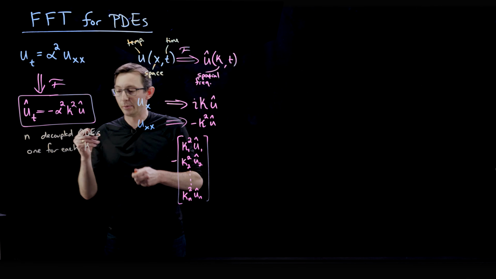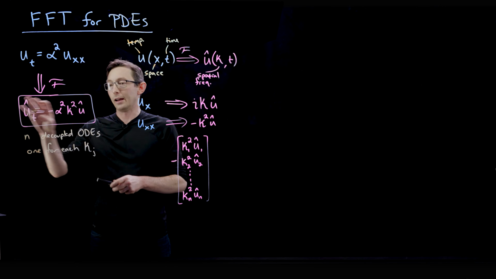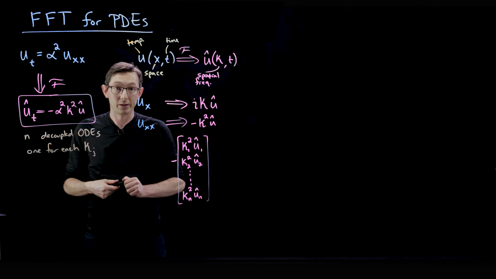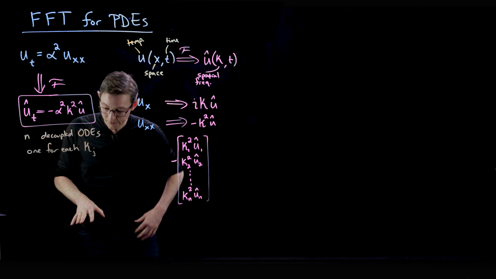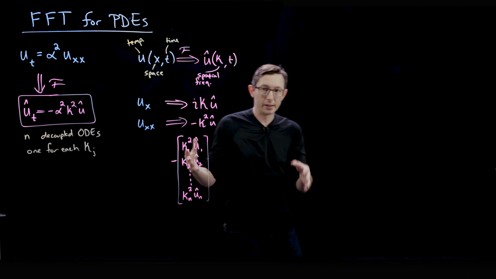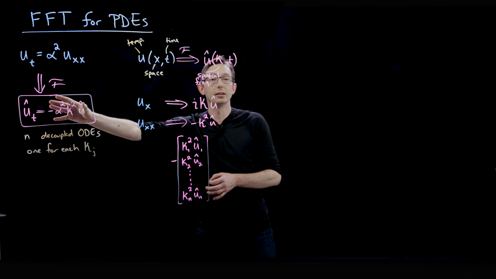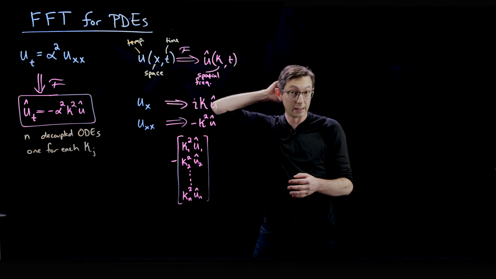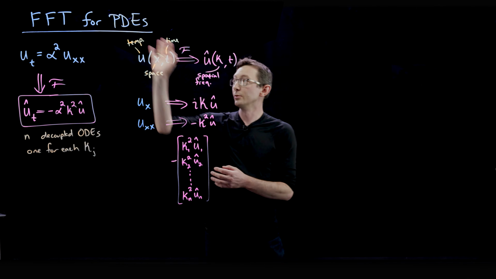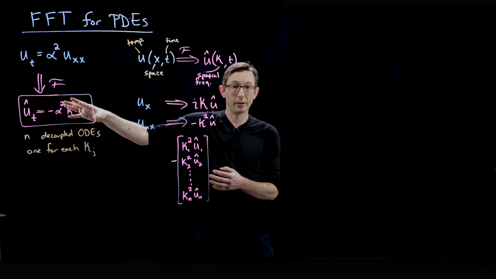So for each of these kappa j's, let's say, I have one ordinary differential equation I have to solve. Okay, good. So what we're going to do is we're going to code this up, and we're going to simulate this essentially using just a regular ODE solver, using the Fast Fourier Transform to approximate the derivative.